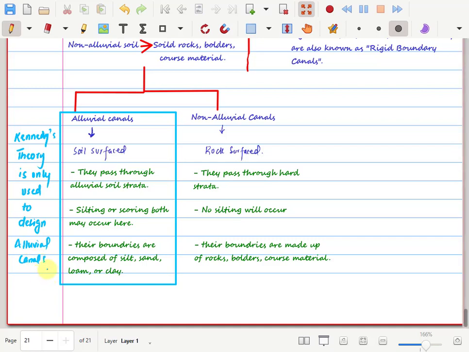Those canals in which there will be silting and scoring both.